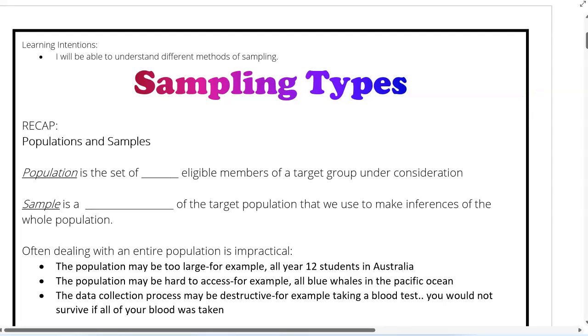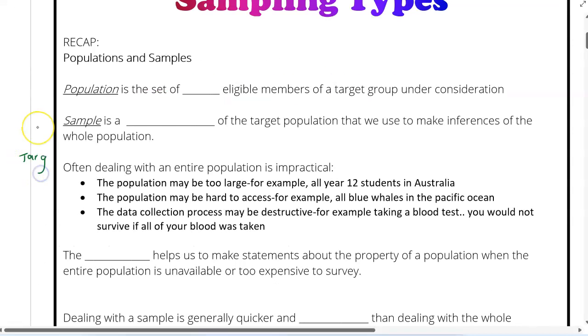What is the population? In this course, we often talk about the target population. When you hear the word target, don't be scared by that. Target population is just what lots of people refer to as the population. So the target population is all members of the group, target group, under consideration.